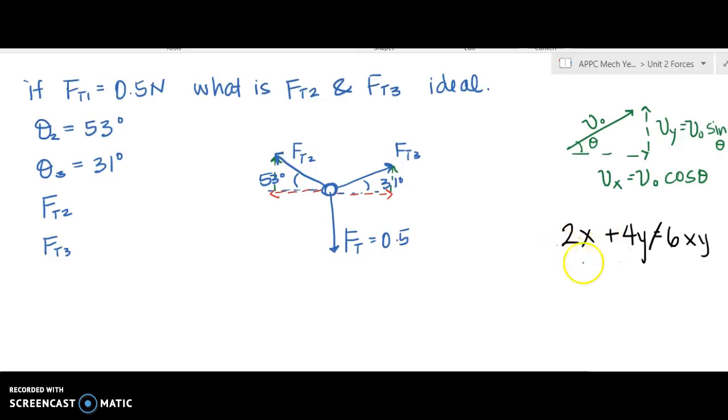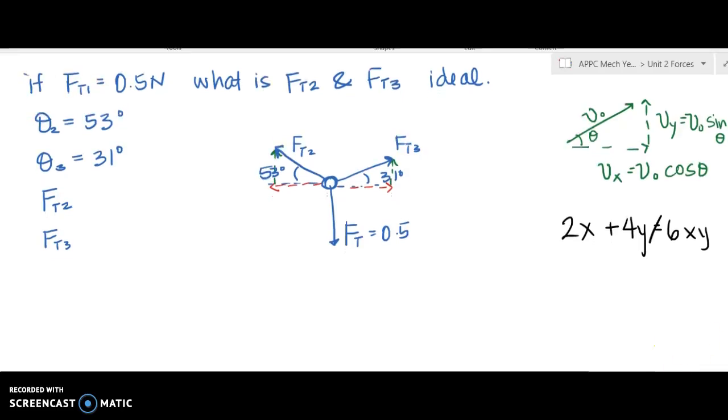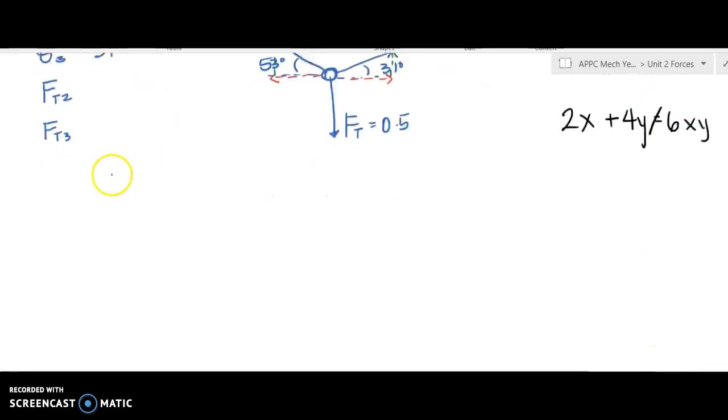So just like this, we don't add x and y directions. You can sum up everything that's happening in the x direction. You can sum up everything that's happening in the y direction. So if you sum all the forces in the x direction and it's balanced, and we sum all the forces in the y direction, it should also be balanced.